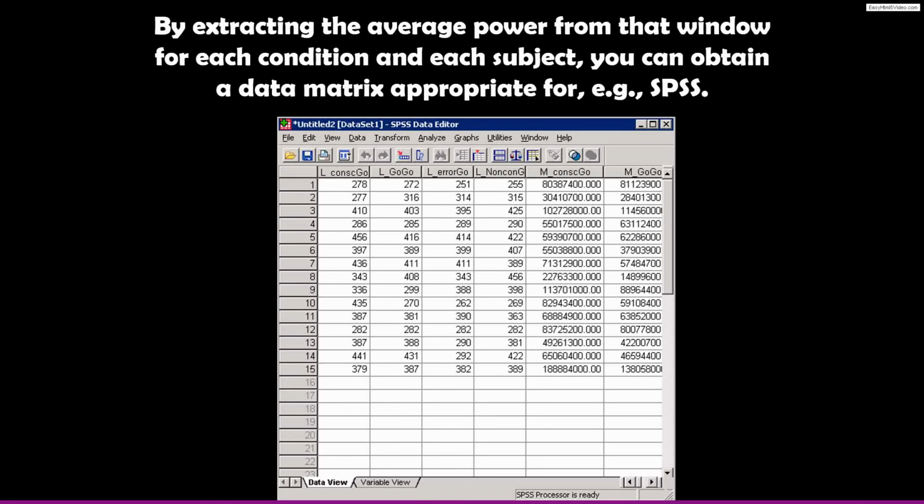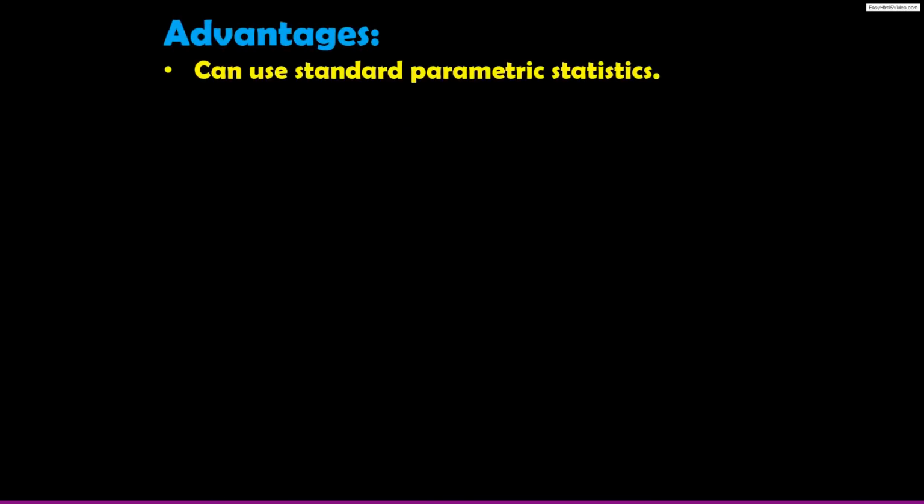This can be nice because SPSS, for example, is much more suited for, designed for, doing things like mixed effects ANOVAs and things like that. Some advantages of this method: you can use standard parametric statistics that you might be used to if you have a psychology or statistics background.